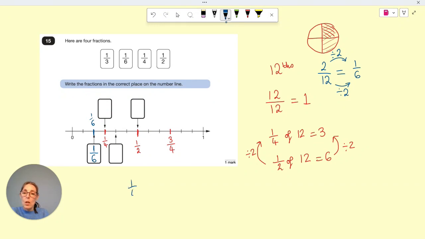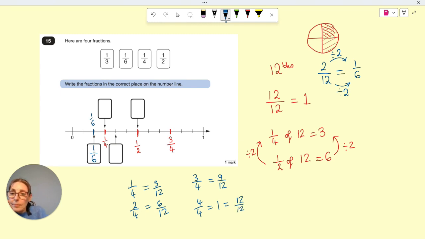So 1/4 equals 3/12. So 2/4 is equal to 6/12. 3/4, 6, 7, 8, 9/12. And 4/4, or a whole, which is 12/12. Okay, so that works. So the 1/4 is going to be there.